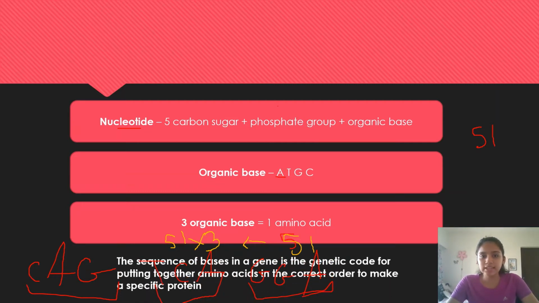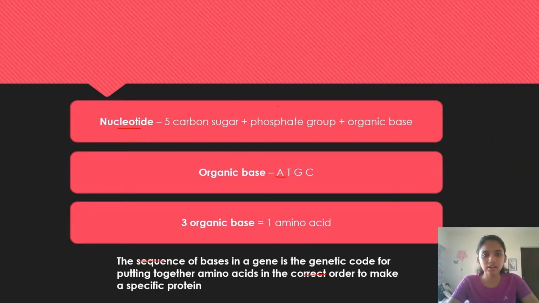The sequence of bases in a gene is the genetic code for putting together amino acids in the correct order to make a specific protein. This last line is copied directly from the Cambridge syllabus. Every protein has a unique arrangement of amino acids. So an amino acid is determined by what? Organic bases.